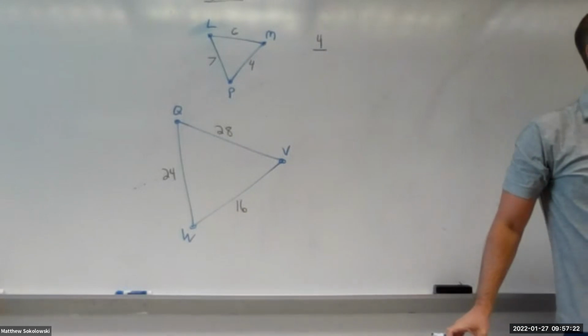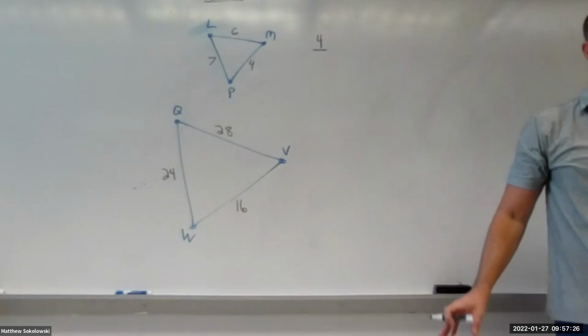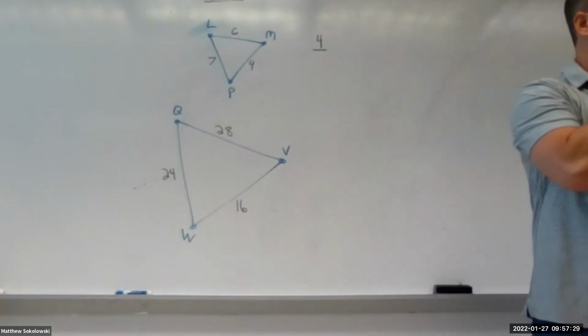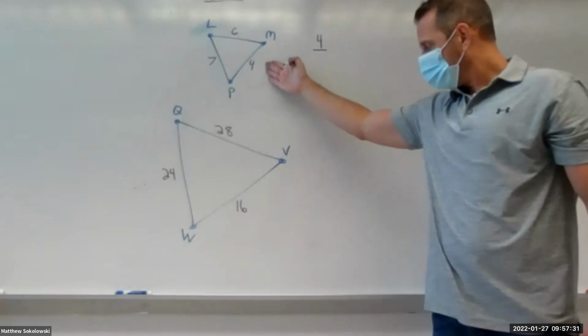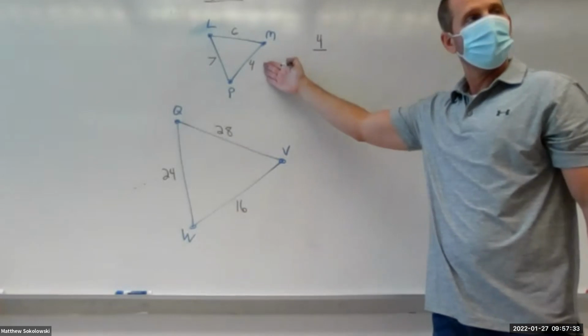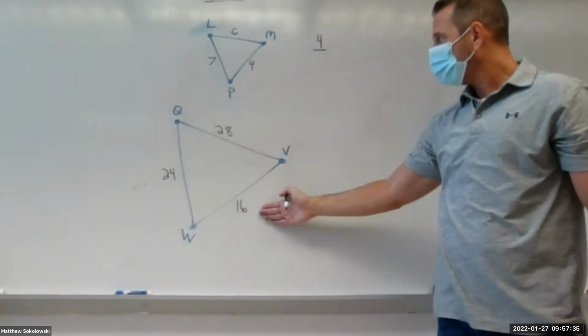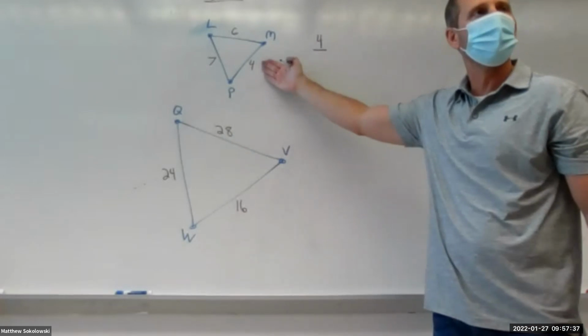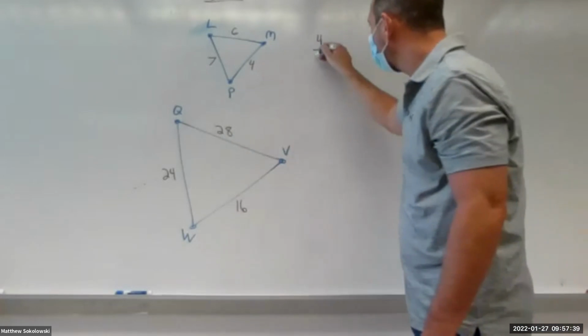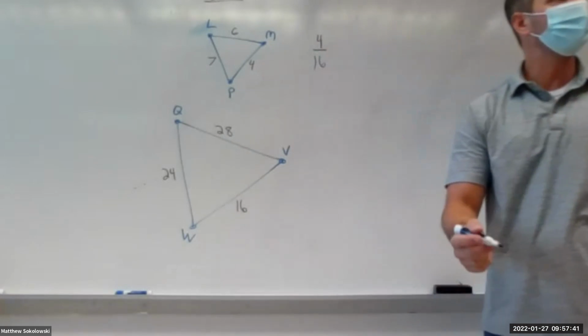Least to greatest, exactly, right. What's smallest and largest also, right? 4 is the smallest side in triangle LMP and triangle LMC. Very good, perfect. 4 is the smallest side here. 16 is the smallest side here. That's your ratio.